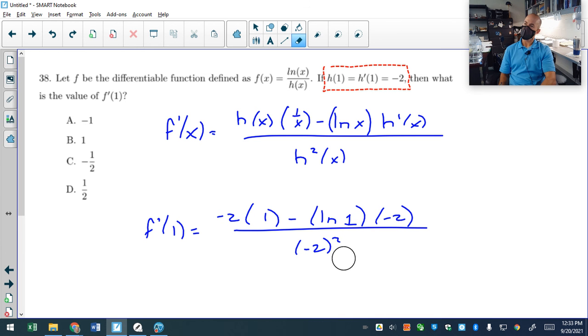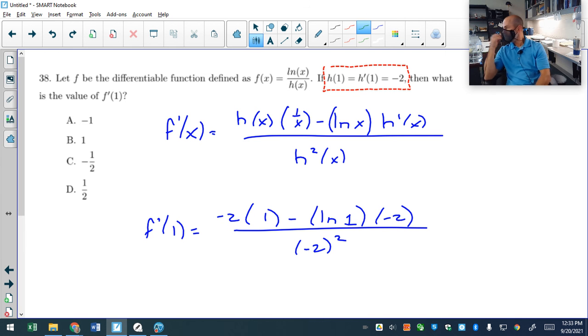And what is the natural log of 1? Okay, beauty of multiple choice. Which one would it have to be? Would it be 0 or would it be e? Obviously it's not e because e is not in any of the answer choices. But you need to know that natural log of 1 is indeed equal to 0, which just wipes out that second term. And so we're left with negative 2 times 1 over negative 2 squared, which is negative 1/2.